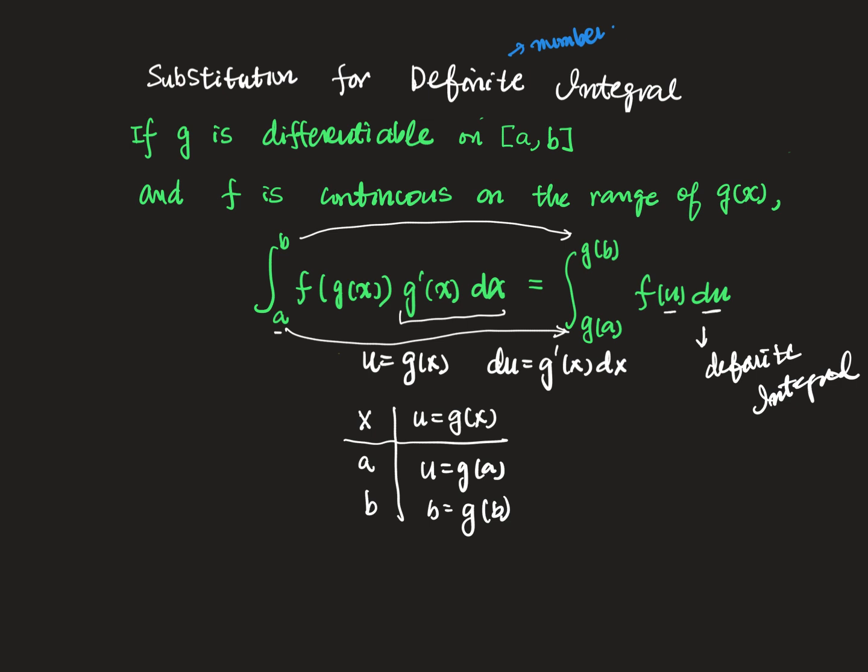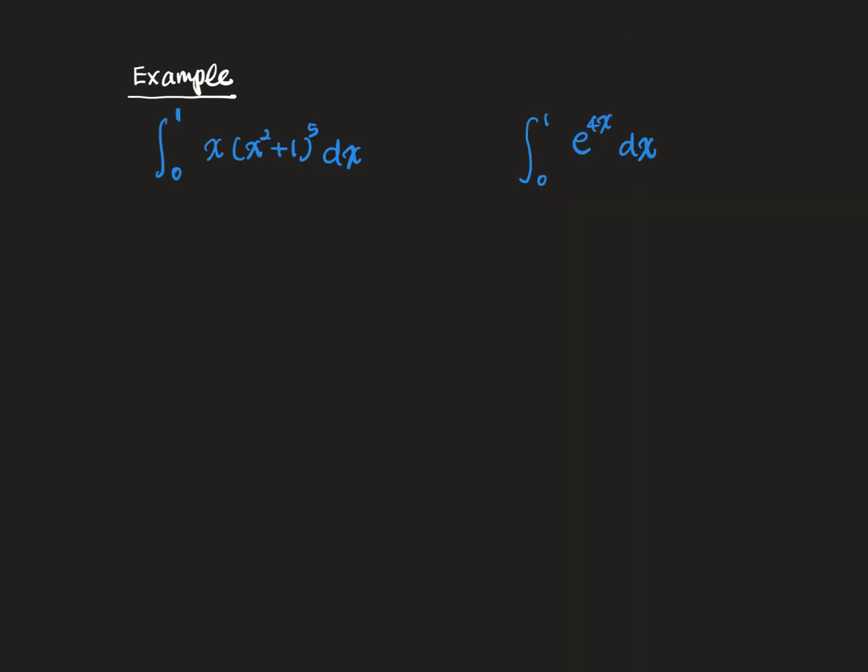So let's have an example. You have two definite integrals. Here are the boundaries; this is a definite integral. Guys, remember, a definite integral is a number. So how are we going to do it? Let's say u is x squared plus 1. du is 2x dx.